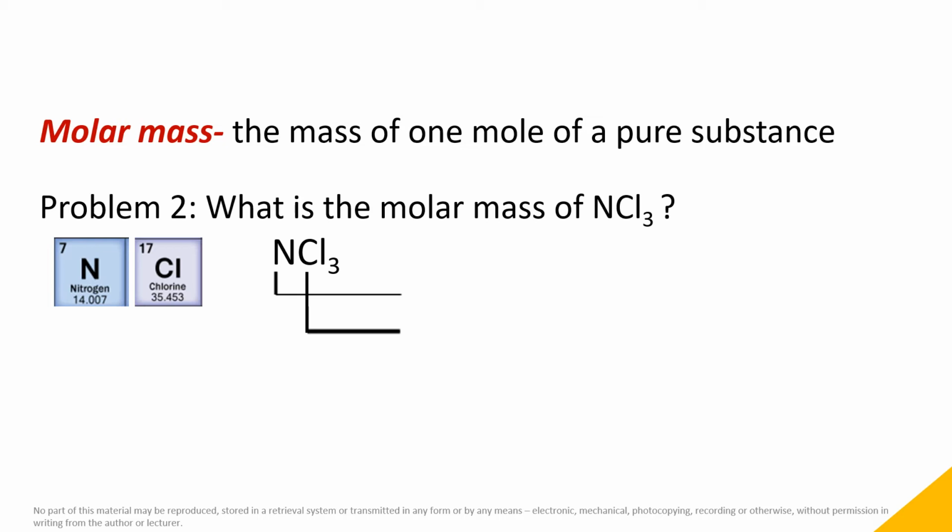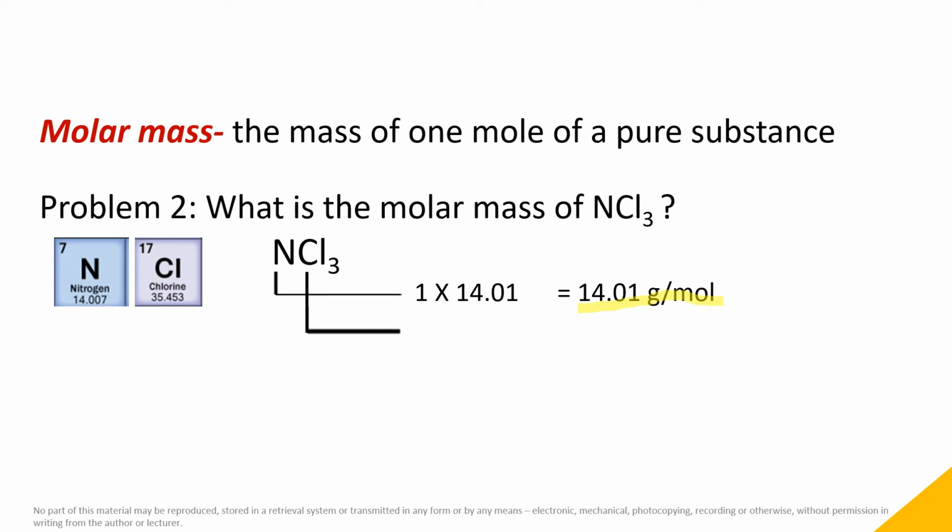Let's reduce our numbers to two decimal places. How many atoms of nitrogen are there in nitrogen trichloride? We only have 1. Therefore, we multiply 1 times 14.01, which gives 14.01 grams per mole.